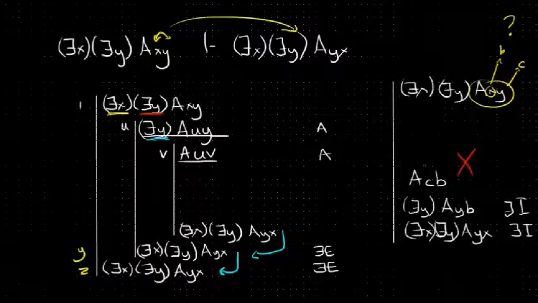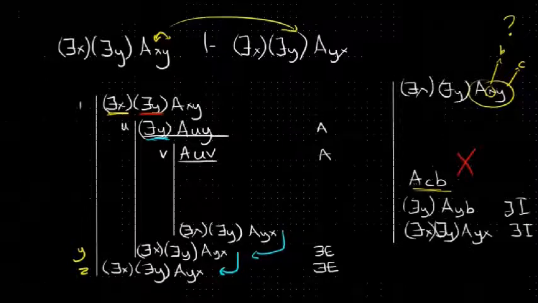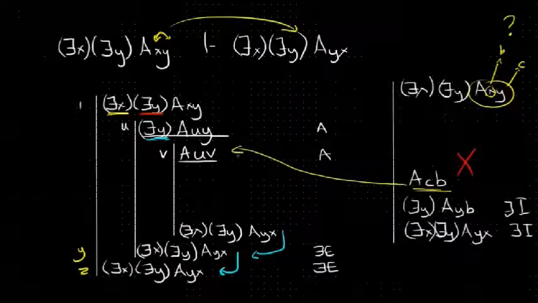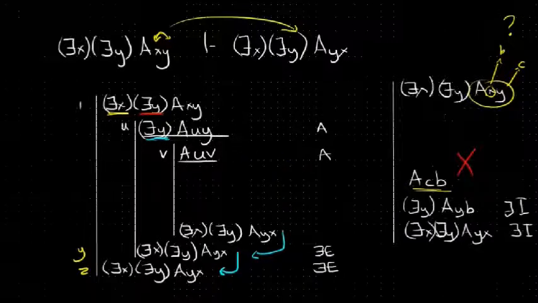And remember, we saw that if we've got a formula that's under no quantifiers whatsoever, like we had A c b here, that mirrors this formula here, A u v. If we've got that, we can just do two existential introductions in order to get the formula that we want.